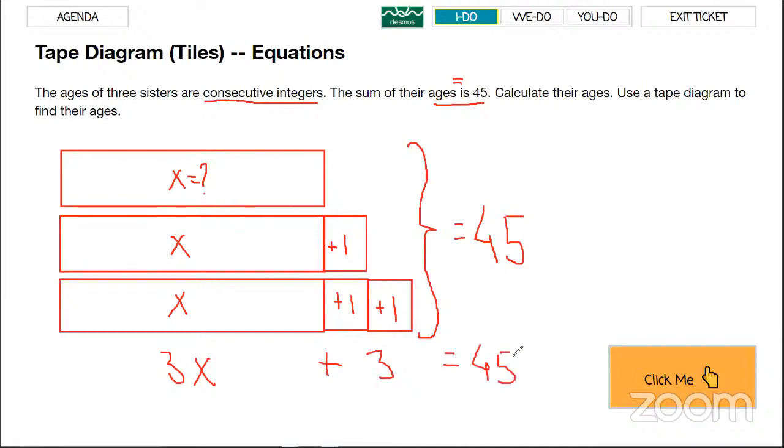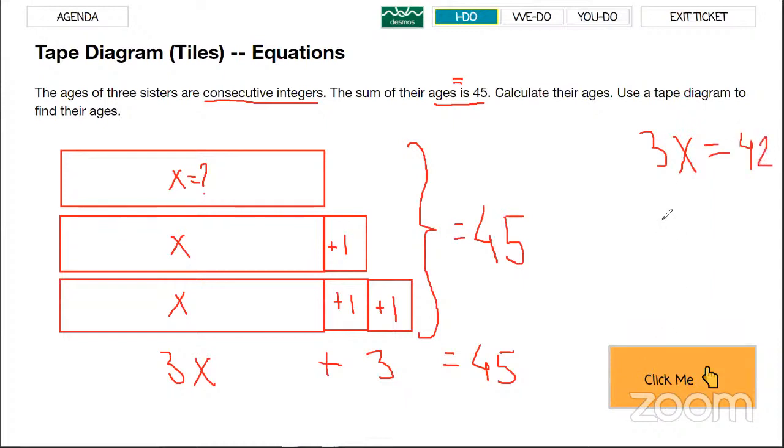Okay, so if I cross out these ages one by one, I need to take away from the other side too. So 45 becomes 44, 43, 42, right? So 3 x's will be equal to 42.